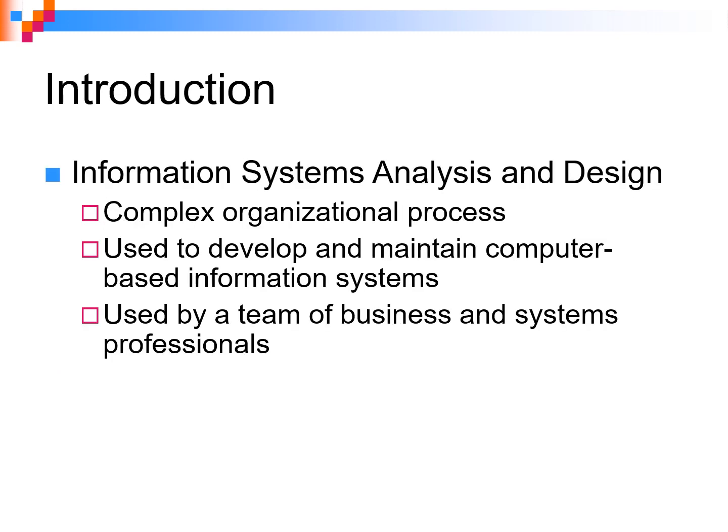Okay, so to continue, let us first define what is information systems analysis and design. Information system analysis and design is a complex, challenging, and stimulating organizational process that a team of business and systems professionals uses to develop and maintain computer-based information systems. Although advances in information technology continually give us new capabilities, the analysis and design of information systems is driven from an organizational perspective.